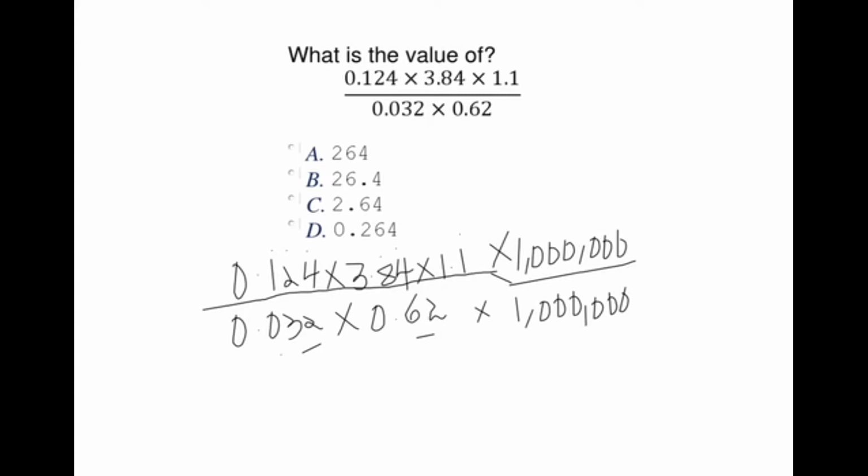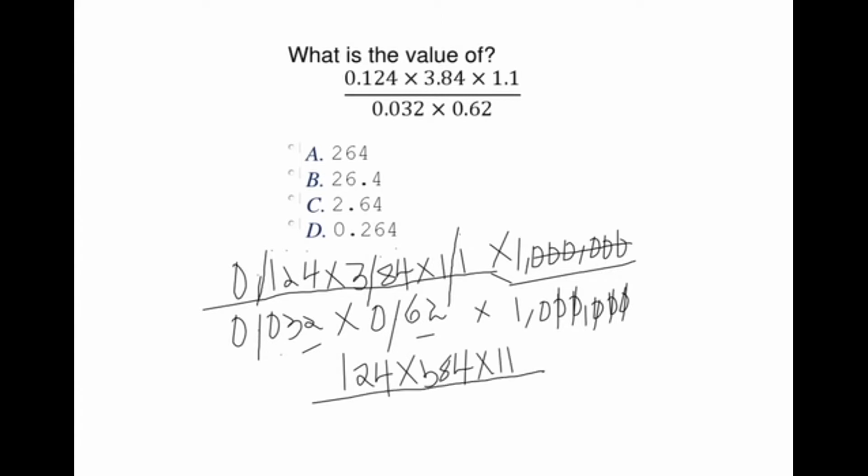So this will remove the decimals in the numerator, and in the denominator removing the 5 decimal places, we remained with 10. So we have 124 times 384 times 11 divided by 32 times 62 times 10.